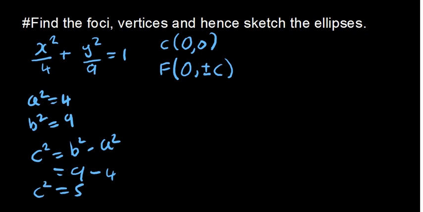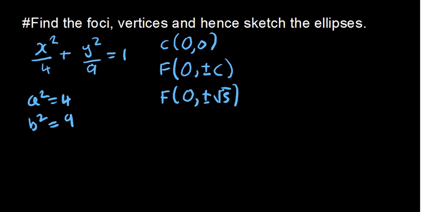So C squared is equal to 5. Then it simply means our C is equal to positive or negative square root of 5. So our foci is 0 comma positive or negative square root of 5, like that. That's our foci there.